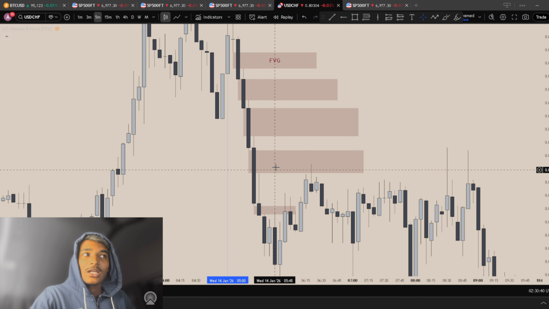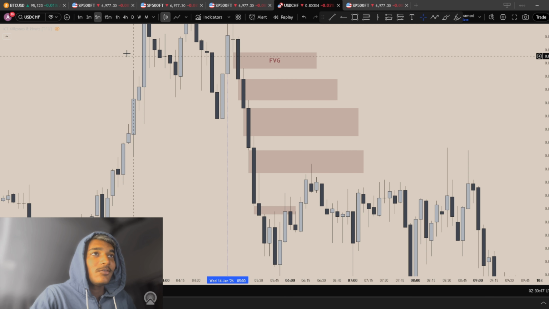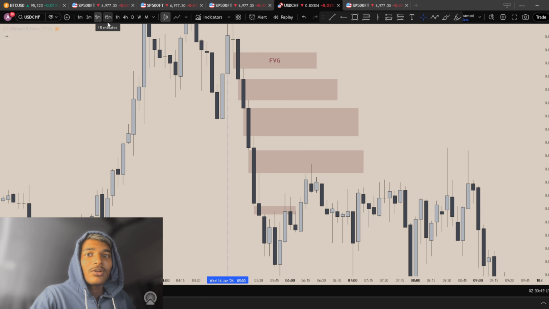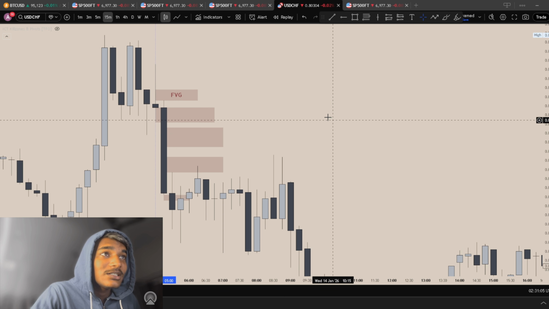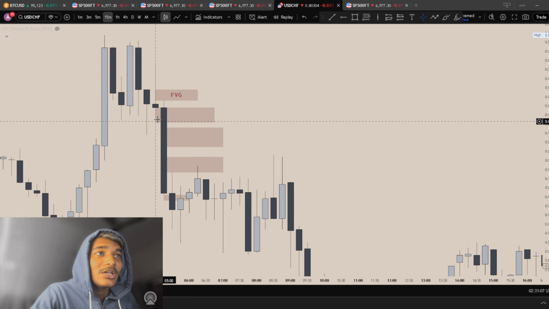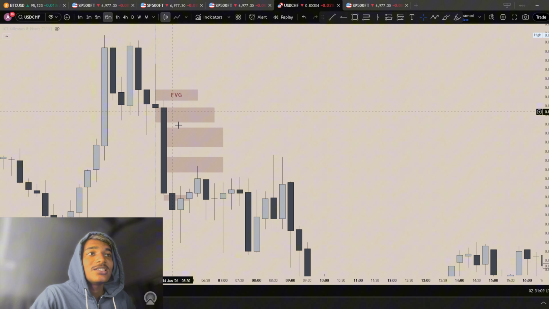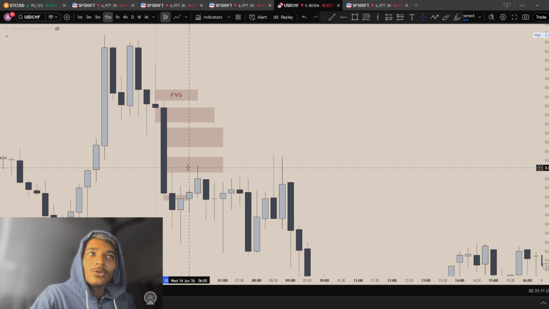If the fair value gaps are very close, then when you see them on the higher time frame, they will act as one fair value gap. If you see this structure on the 15-minute, you can see this is only one fair value gap. So if there are consecutive fair value gaps, mark them as only one fair value gap.